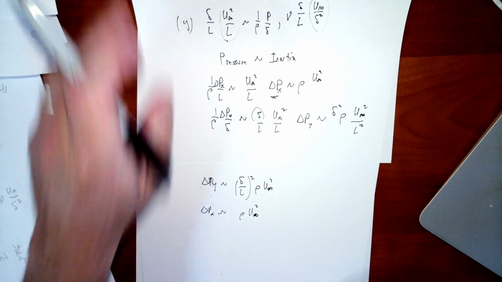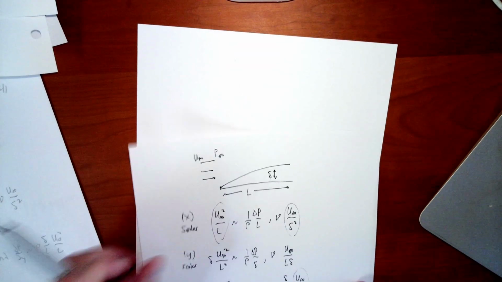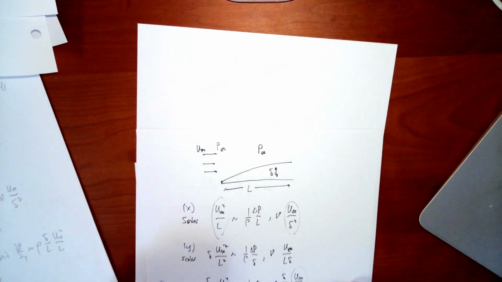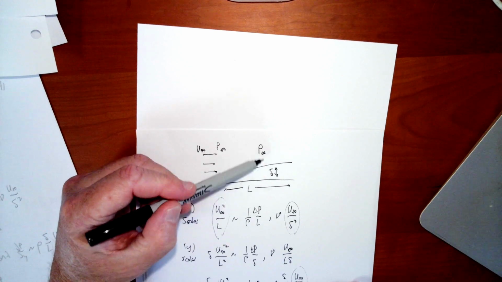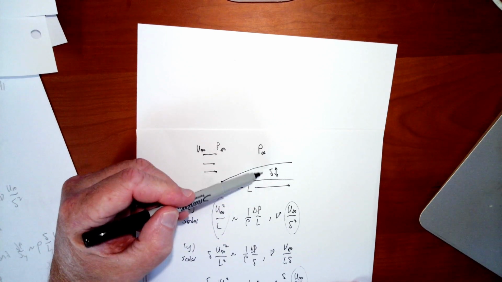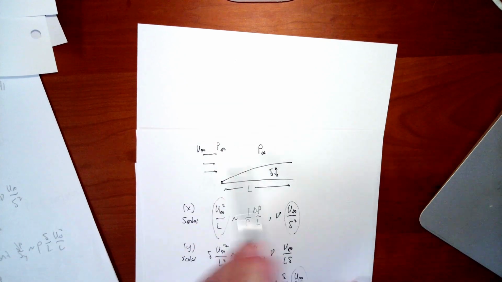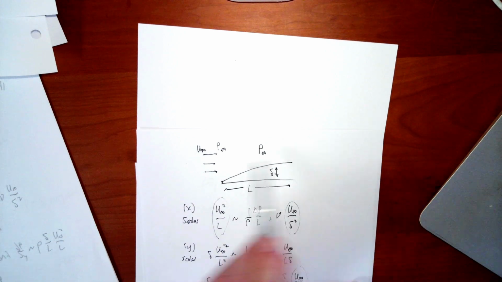Well, that's interesting, because if you look at the flow in the y direction, the pressure up here is just P infinity. If there's no pressure variation in the y direction, that means the pressure can't vary in this direction, and the pressure doesn't vary in this direction at all in the free stream.